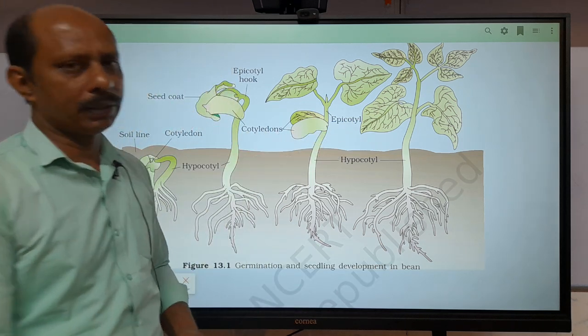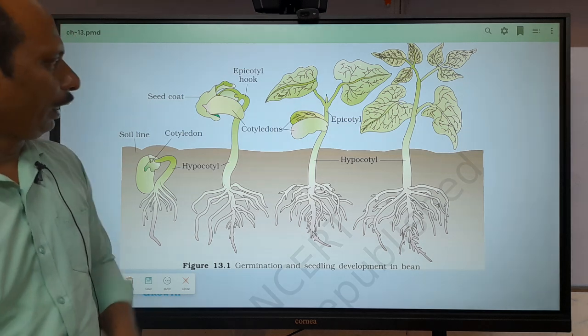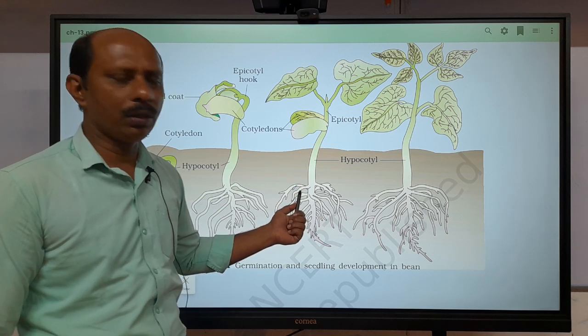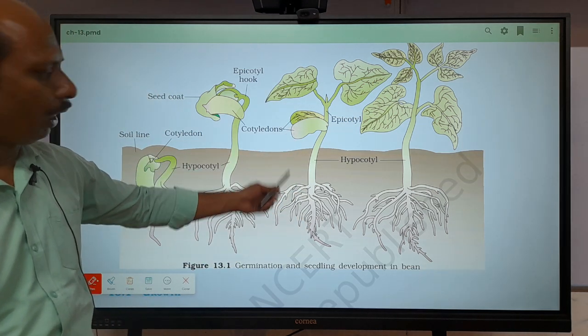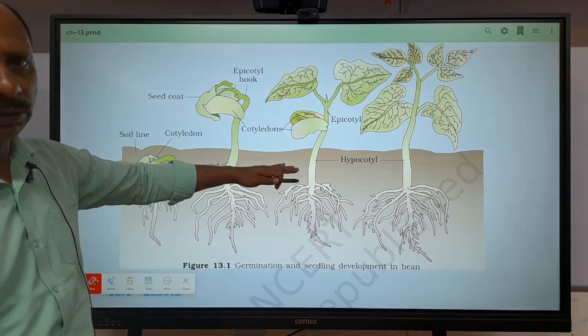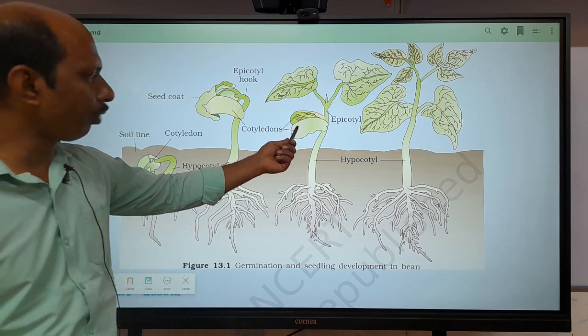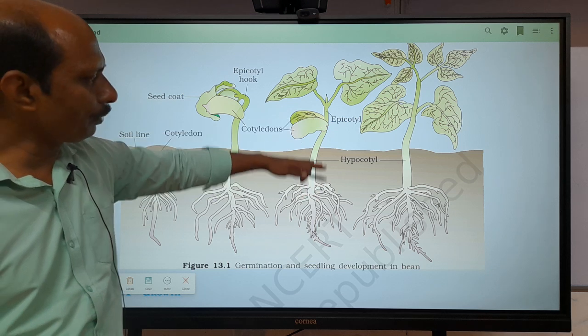We have two types of germination, right? Hypogeal and epigeal. If the cotyledons remain inside the soil, it is called hypogeal germination. Hypo means below the soil. Geal comes from geo. Geo means geography, that is soil. And epigeal means when the cotyledons come outside the soil.